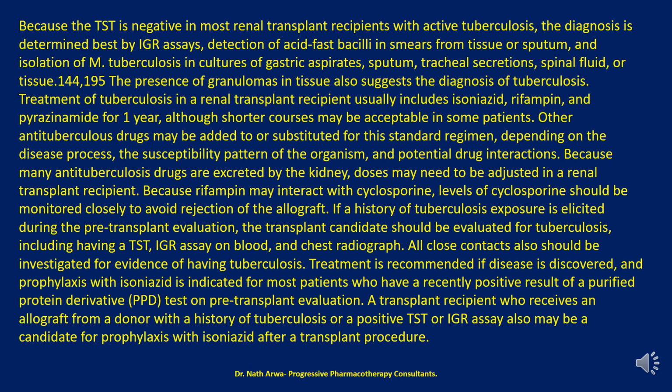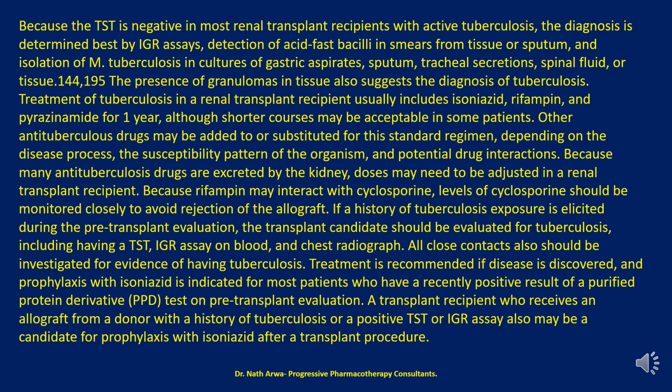Because many anti-tuberculosis drugs are excreted by the kidney, doses may need to be adjusted in a renal transplant recipient. Because rifampin may interact with cyclosporine, levels of cyclosporine should be monitored closely to avoid rejection of the allograft.